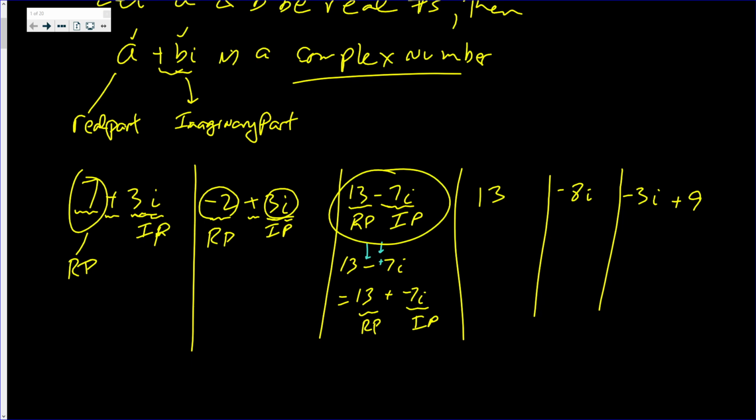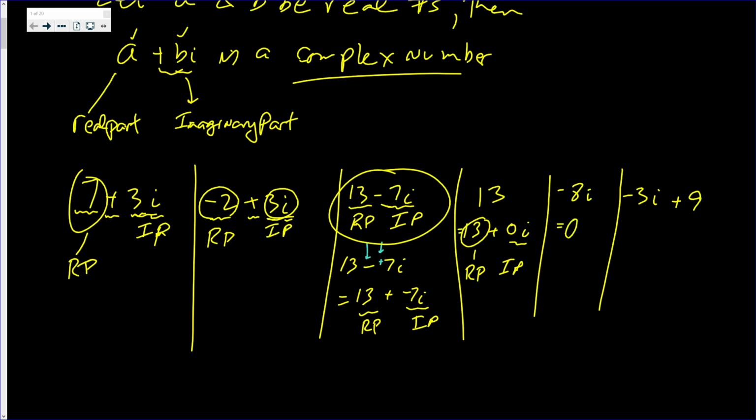Now, for 13, understand you can always add 0. Anytime you want, you can add 0. In this case, I want to add 0i. That's the real part, and 0i is the imaginary part.